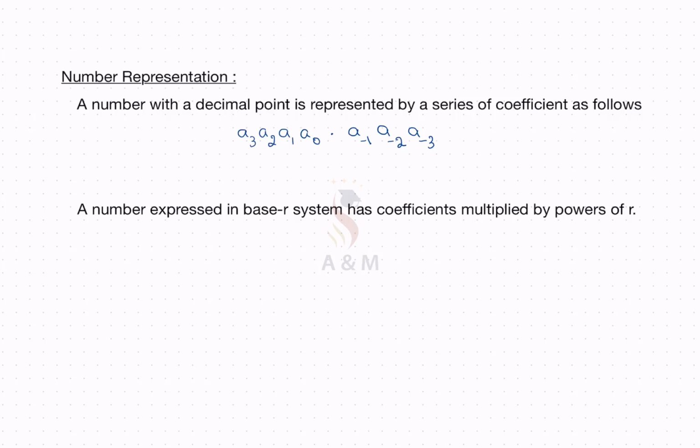Here, A3, A2, A1, A0 are the integer parts and A minus 1, A minus 2, A minus 3 represent fractional parts.